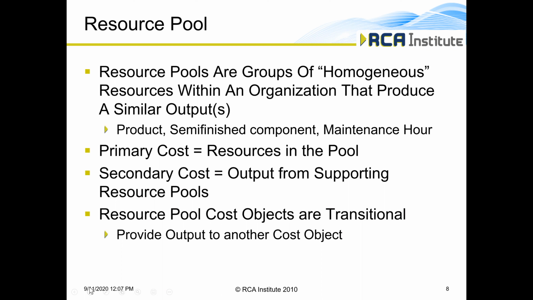Then there's the idea of a secondary cost, and that is output that's coming from a supporting resource pool. So for instance, almost every resource pool that has people in it is going to require some sort of personnel support. Personnel support is a secondary cost. The people in a resource pool are the primary cost. And resource pool cost objects are somewhat transitional. They exist to provide output to another managerial objective.